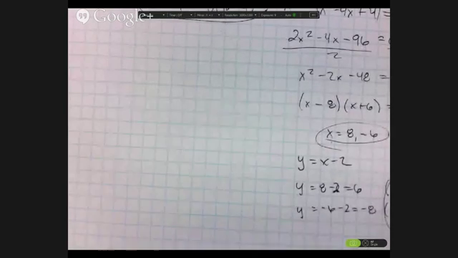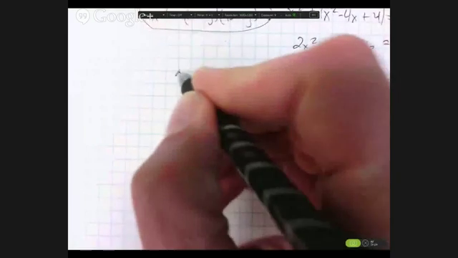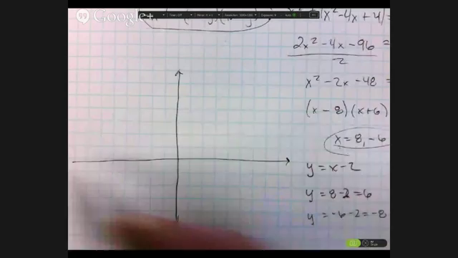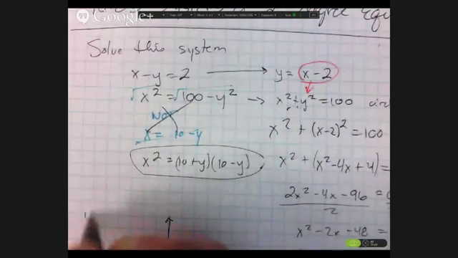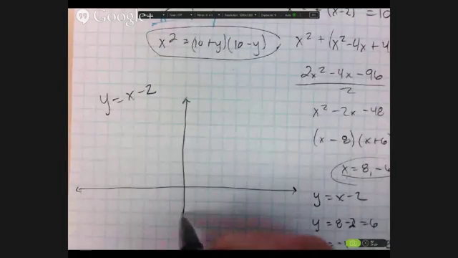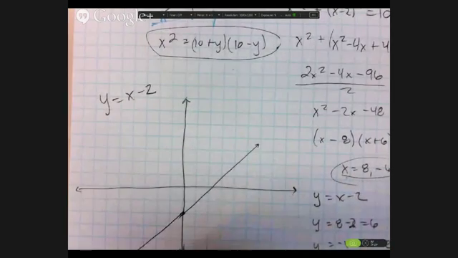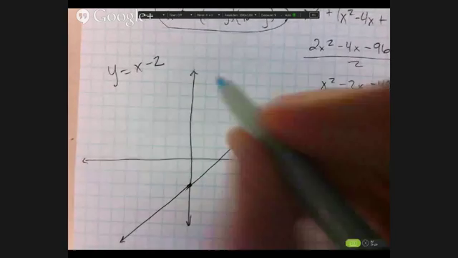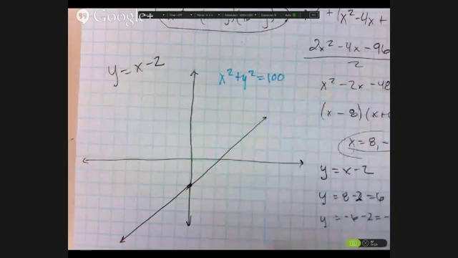All right, let's graph these and check our algebra answers. I trust you're getting pretty good at linear equations. And then circle. What's the center?